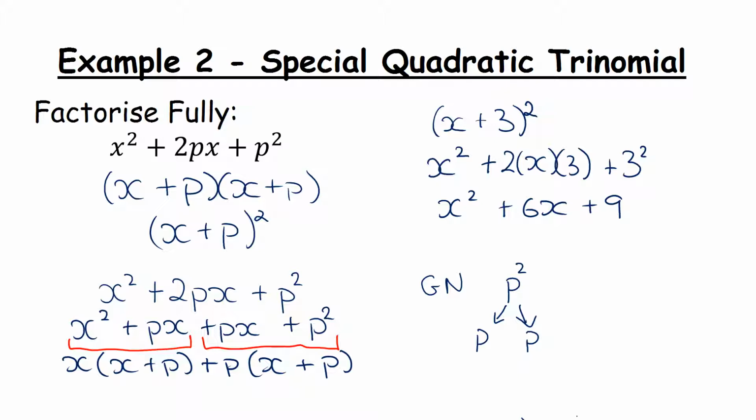My check is, are both my brackets the same? Yes. So I can take that out, my x plus p, and then I have an x plus p. So same answer. So you can either have an understanding of Pascal's triangle and recognize this as being something squared and working out what that is, or you can apply your guide number method.